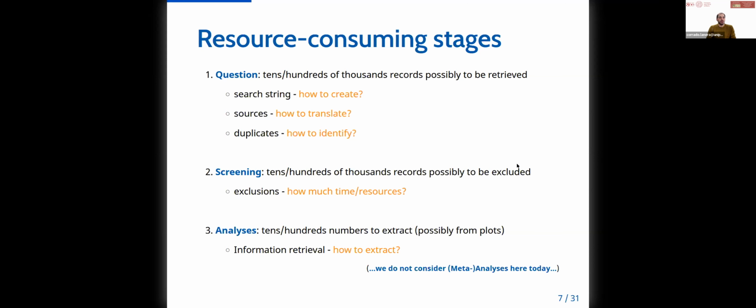After that comes possibly the most expensive phase in time and effort of a systematic review, that is the screening phase, in which across the tens or hundreds of thousands of records that you have retrieved, nearly every one of them should be excluded, and you are left with 10, 20, 50 records overall out of all of that amount. And so how can you think of strategies to save time in these exclusions.